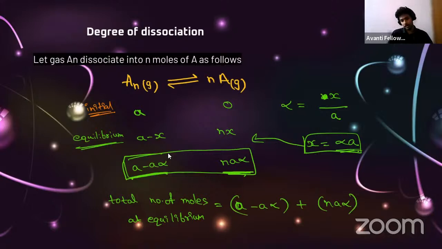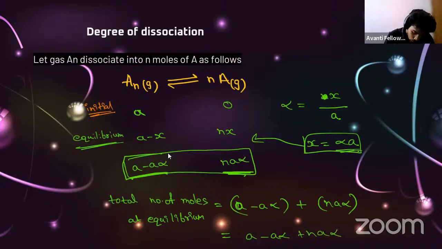Now, what you can write it as? You can take A common and rewrite the whole equation. First, we have A minus A alpha plus Na alpha.